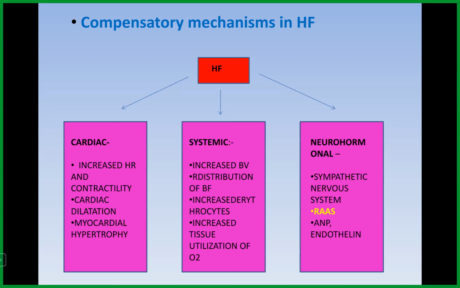There is sympathetic nervous system activation and, mainly, activation of the renin-angiotensin system. The circulating blood volume decreases, so renin gets activated in the kidney, which in turn activates the RAS system, leading to increased absorption and retention of water and sodium. This affects the fluid balance, and that is how we have to approach fluid management. That is the main point of interest in this topic.